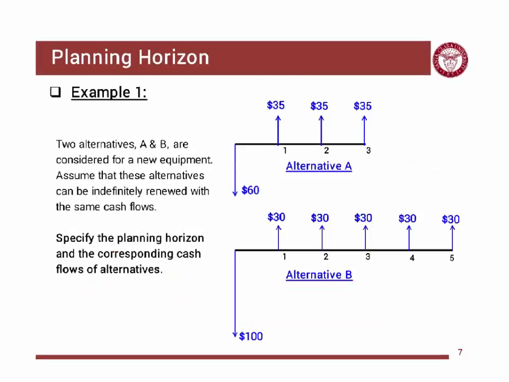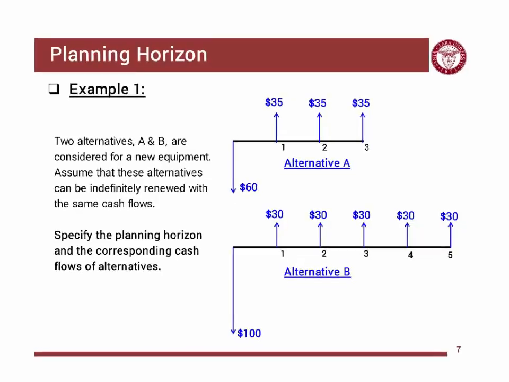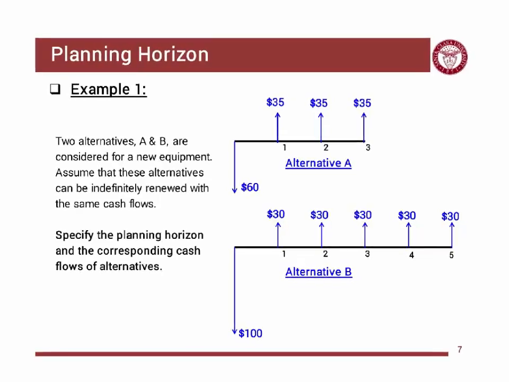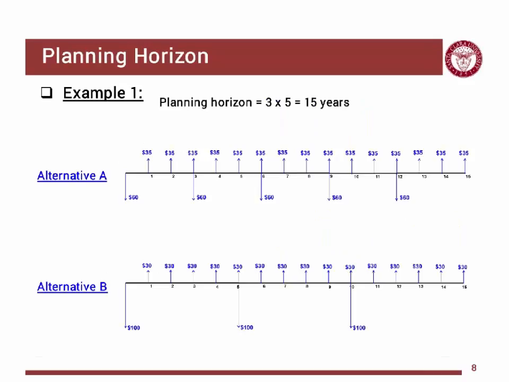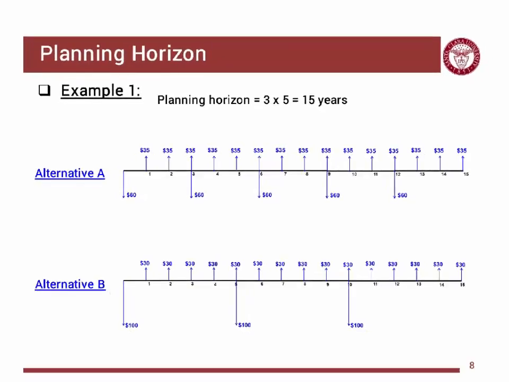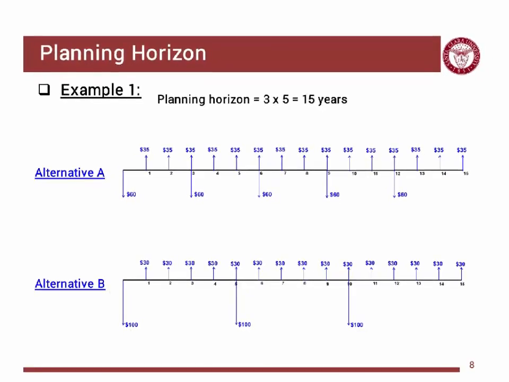When you have different alternatives with different lives, for example, alternative A of 3 years and alternative B of 5 years, the least common multiple is 15 years. So your planning horizon would be 15 years, where over these 15 years you will repeat alternative A 5 times.